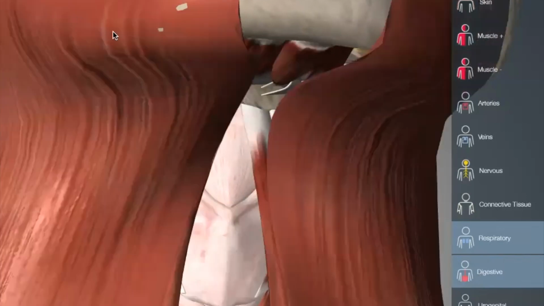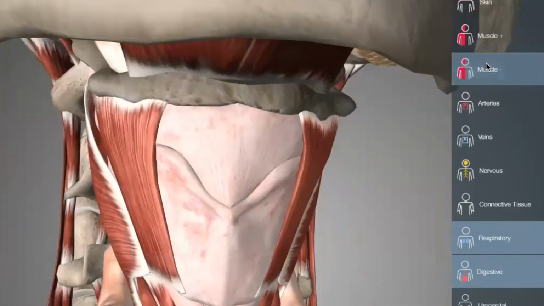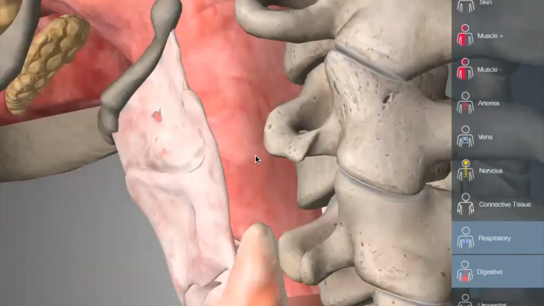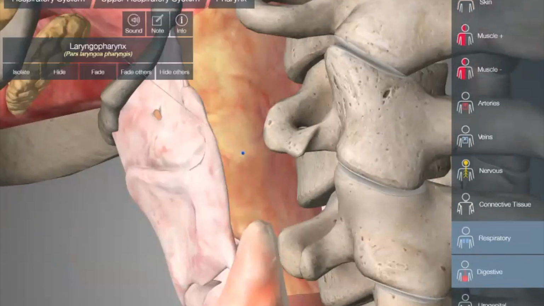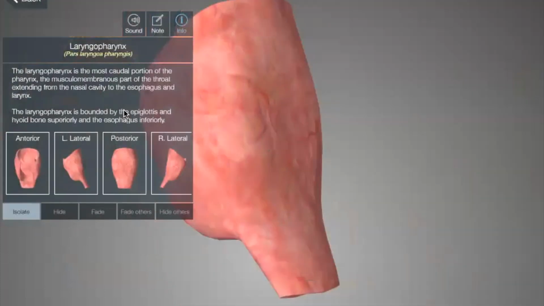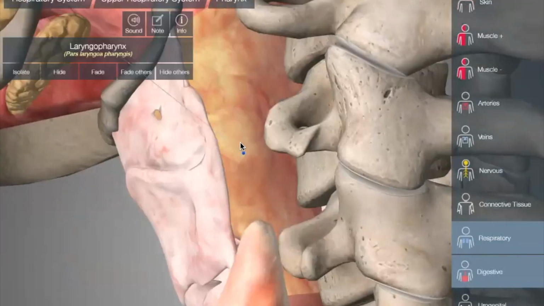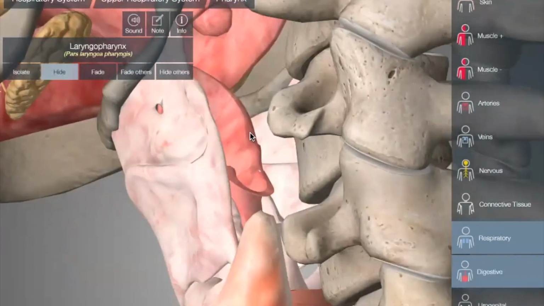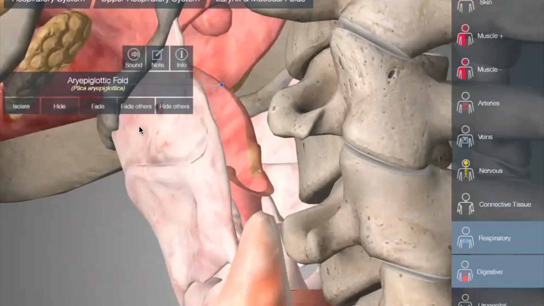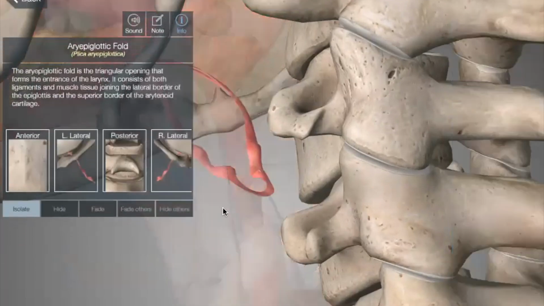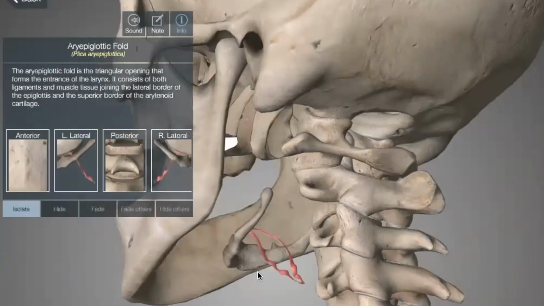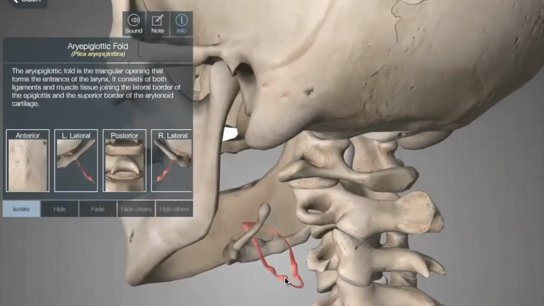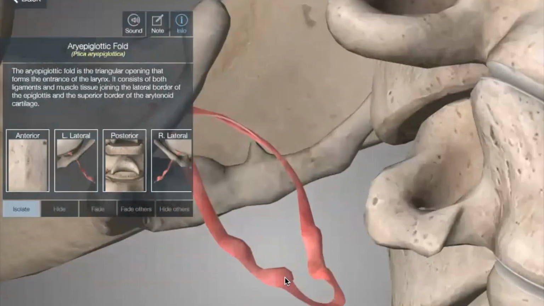Okay, the last pair that we're going to talk about is present in a very difficult place. See here, this structure right here is called the epiglottic fold. Isolate. The fold contains the last paired cartilage, called the cuneiform cartilage.